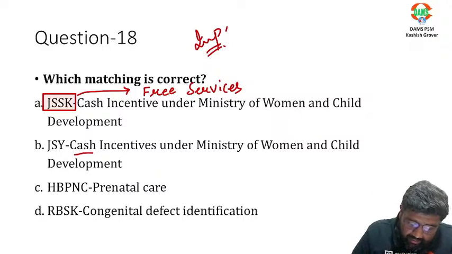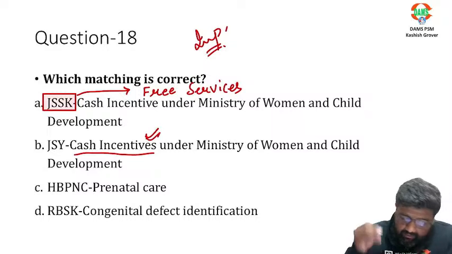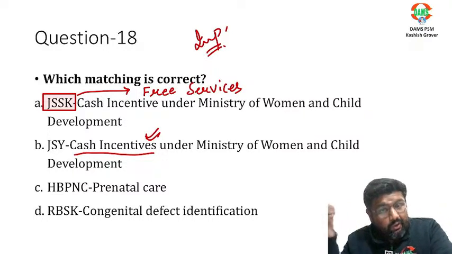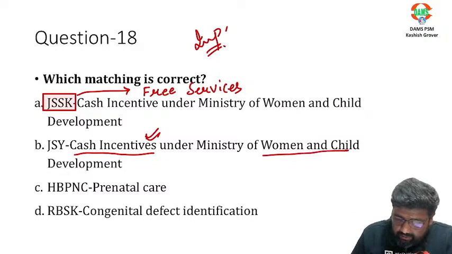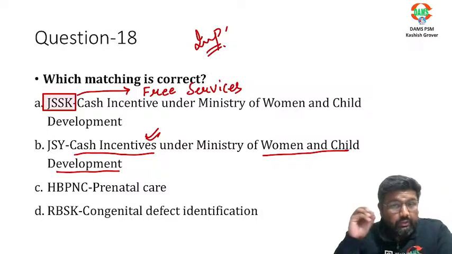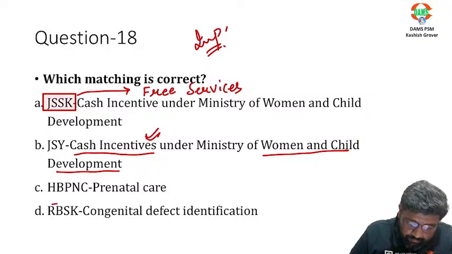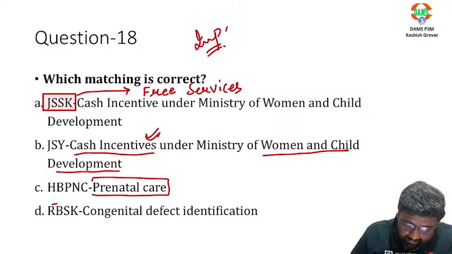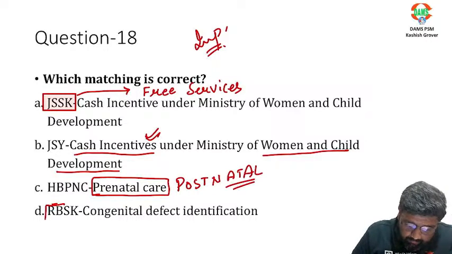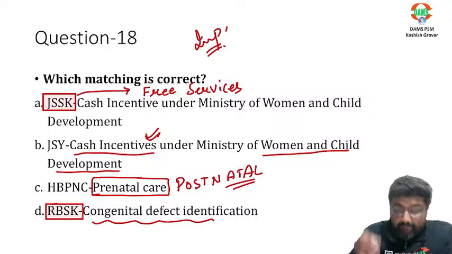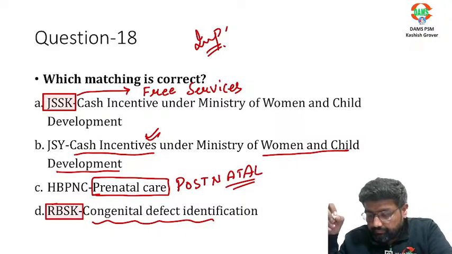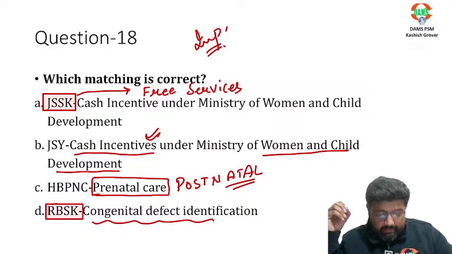JSY is a cash incentive, but it is not under Ministry of Women and Child Development. HBPNC, prenatal care? No, this is for postnatal care. It is Rashtriya Bal Swasthya Karyakram where congenital defects are identified.